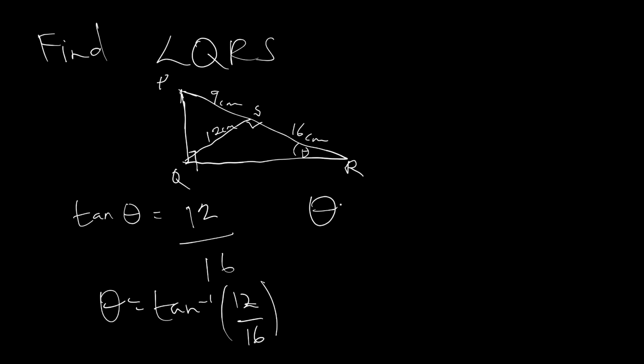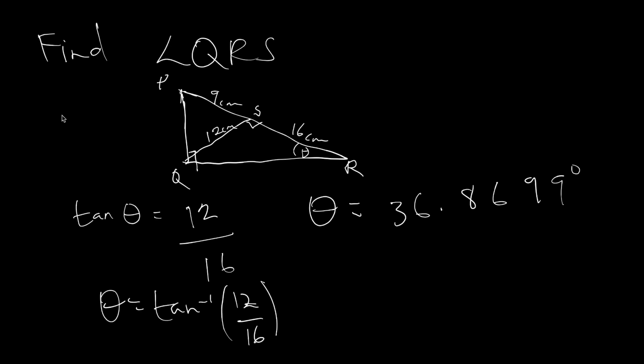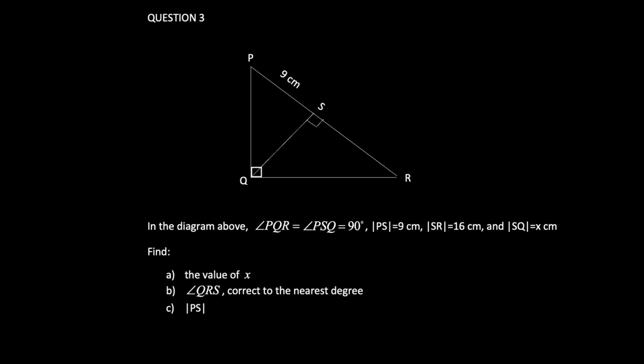So theta will be equal to 36.8699. But then in the question, we are being asked to correct to the nearest degree. So theta would be equal to 37 degrees to the nearest degree. So that brings us to the end of question 3b.